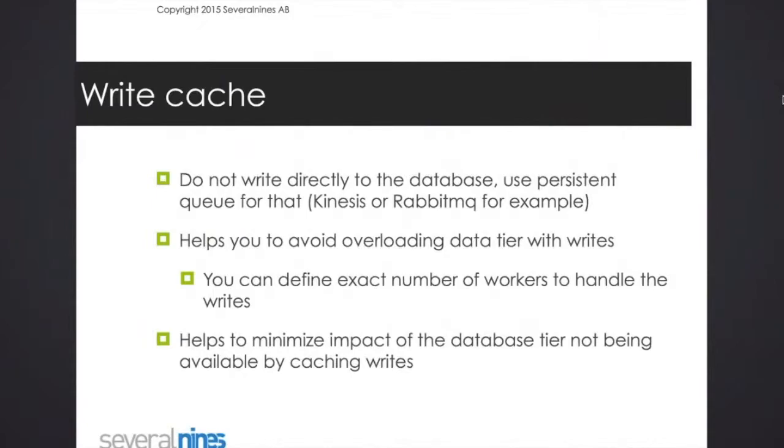So instead of pushing them into the database, you can push them into the queue. And then you can define a fixed number of workers, like 10, 100, depending on your hardware, depending on your needs, that will basically walk over the queue and work over the writes and apply them to the database.